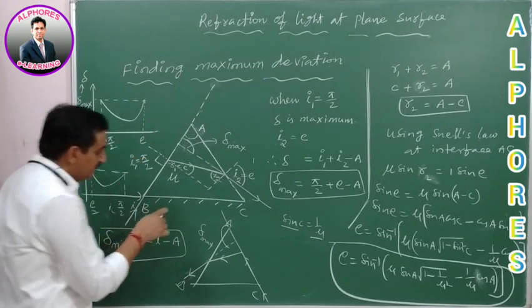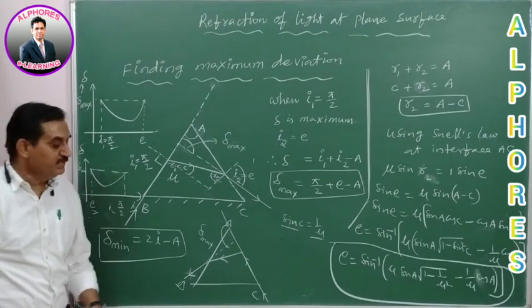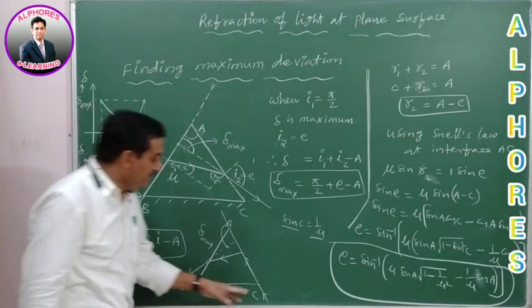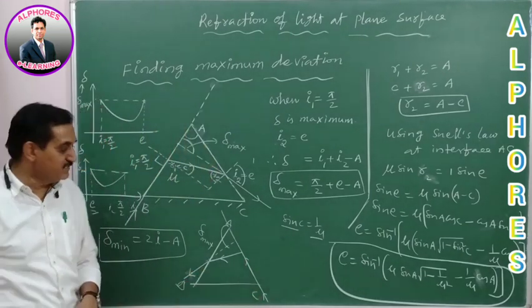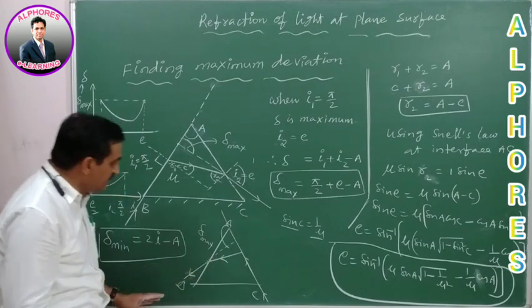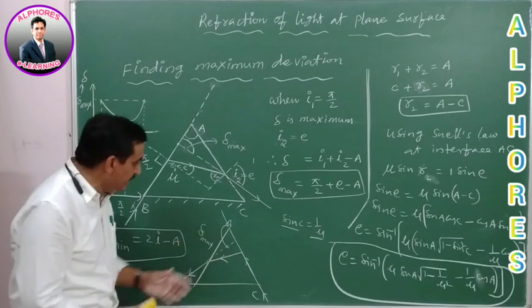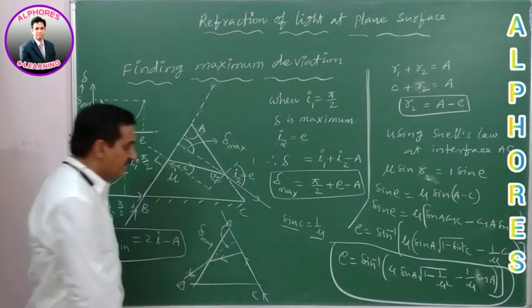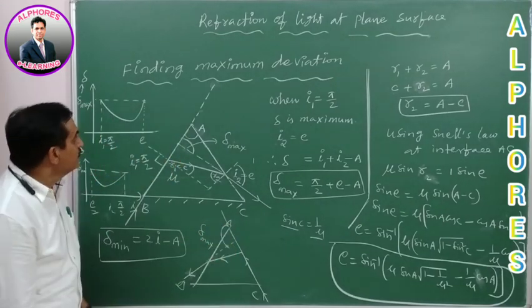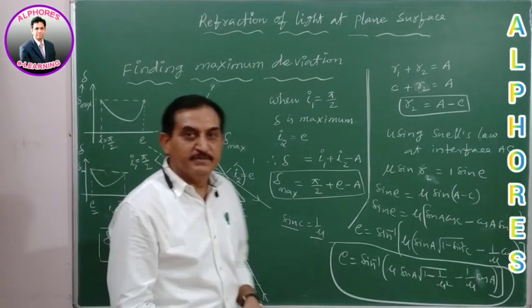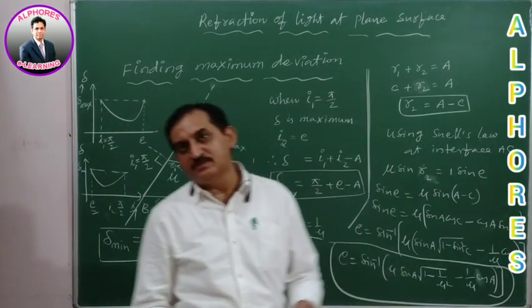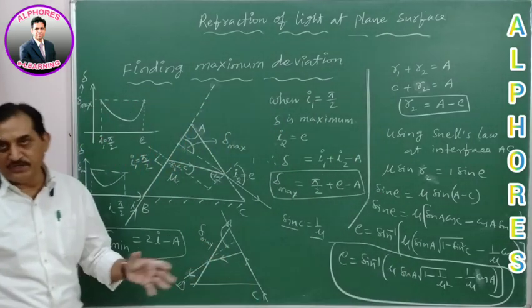But the deviation occurring is maximum in this case also, whenever the ray is grazing on the second refracting surface and finally emerges from the first refracting surface, giving its maximum deviation. Okay, so this is all about the minimum deviation and maximum deviation, both are finished.